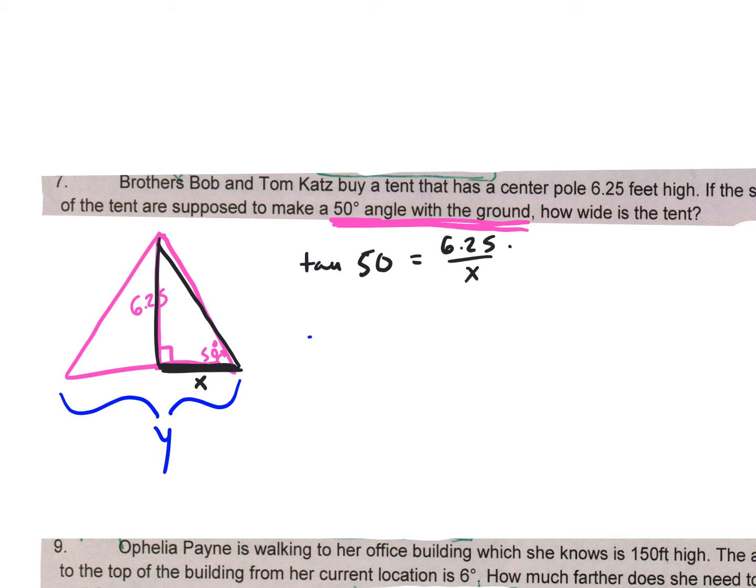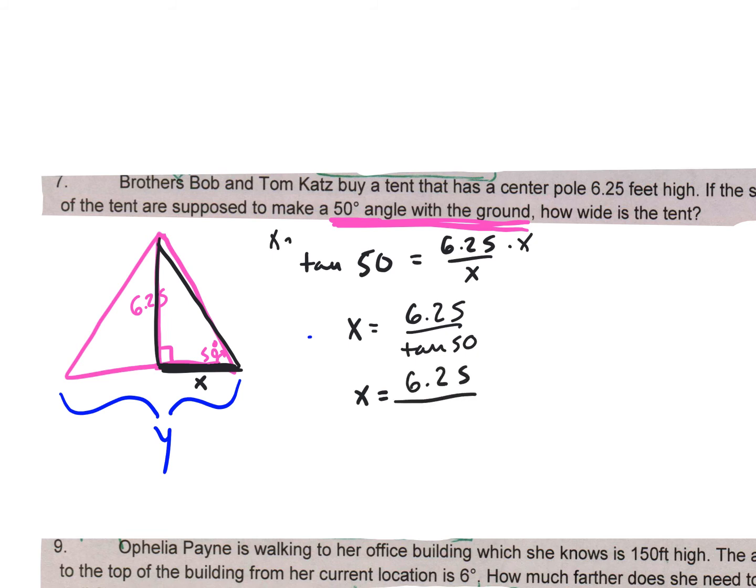So when x is on the bottom, you have to multiply both sides by x, and then I'm going to divide both sides by tangent of 50, so I get x is equal to 6.25 divided by tangent of 50. When dividing, in my calculator, just because I lost my calculator, so I use the phone one, I can't do this all in one step, so I have to do it in 2 parts.